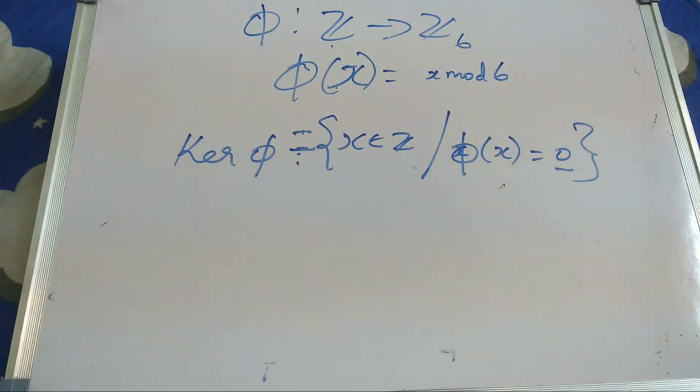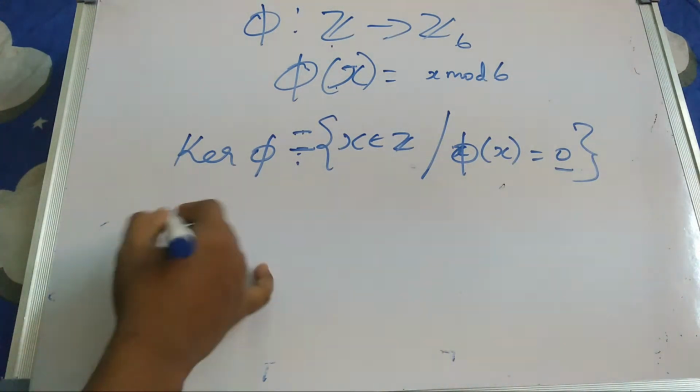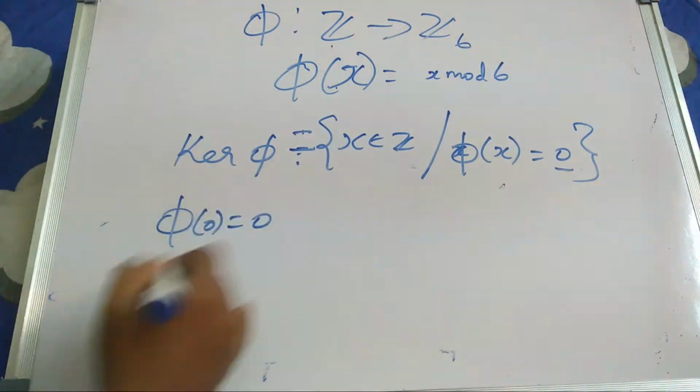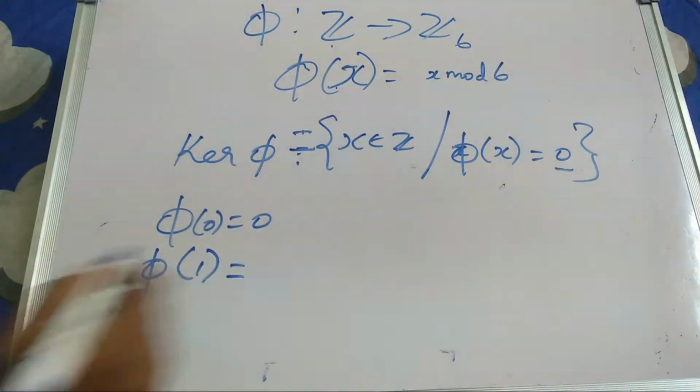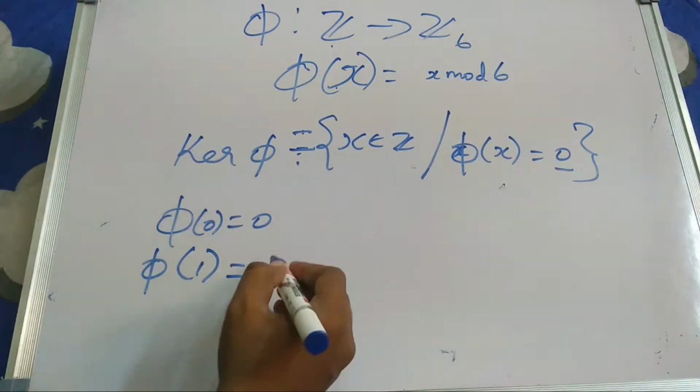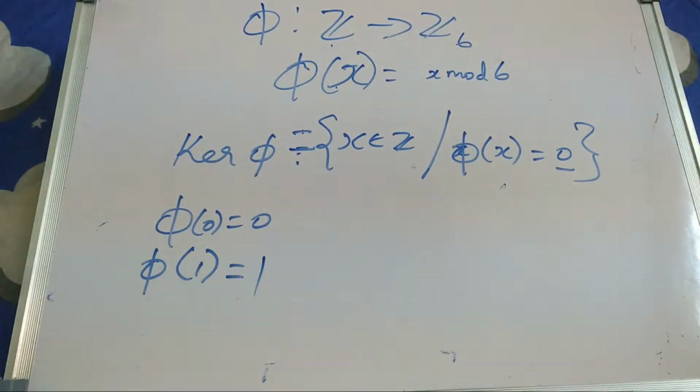Can you please leave your answers in the chat? What will be the kernel of this homomorphism? We will try to verify what happens here. So phi of 0 is 0. Phi of 1 is 1 mod 6, which is going to be 1.